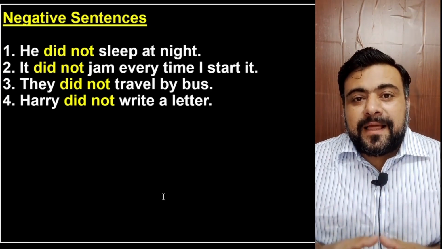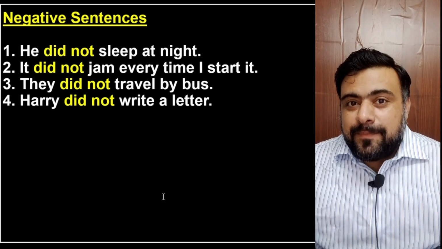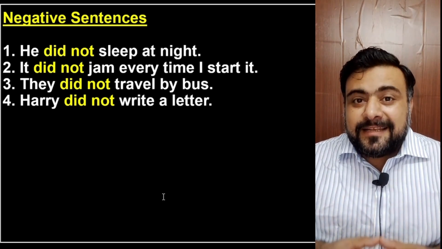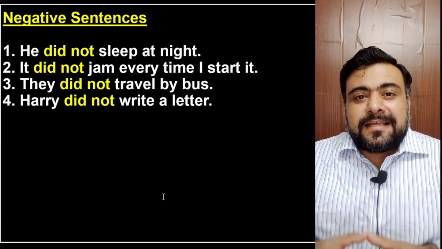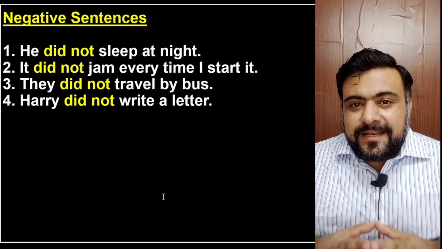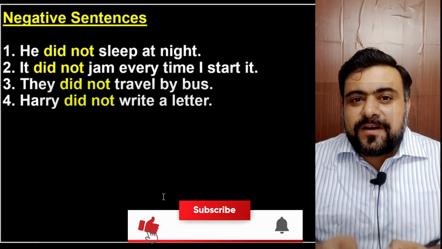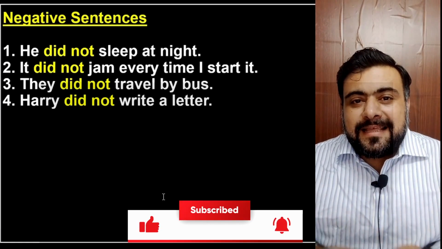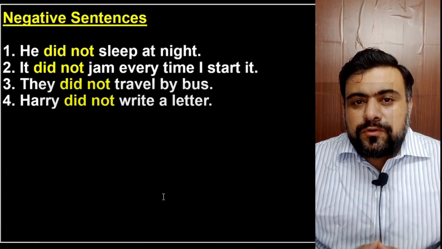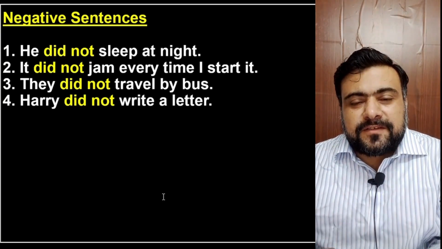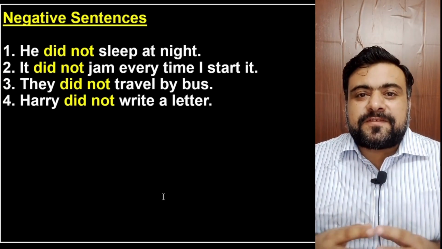For example, he did not sleep at night. The affirmative is he slept at night. The negative is he did not sleep at night. In this negative, we have reverted the second form back to its first form. When we use did not, we have to revert the second form of the verb to its first form.